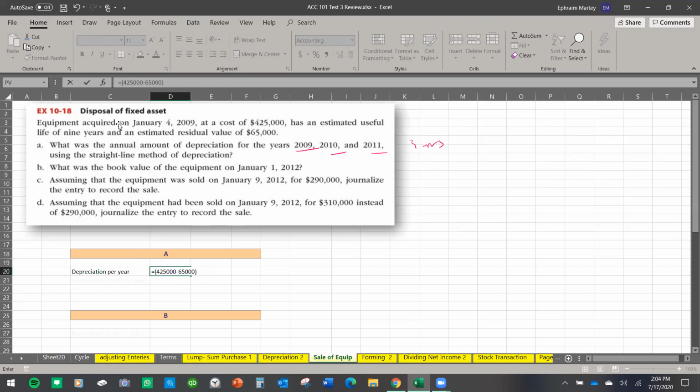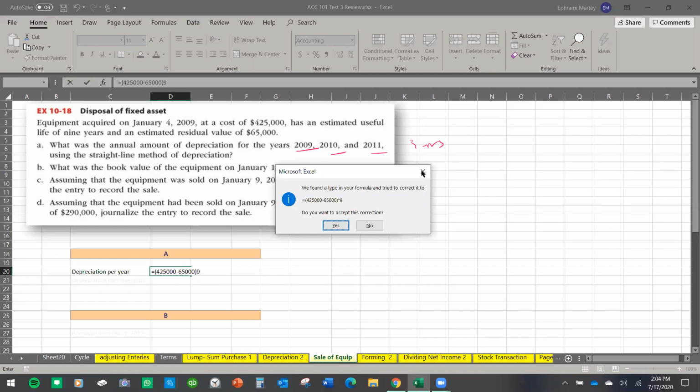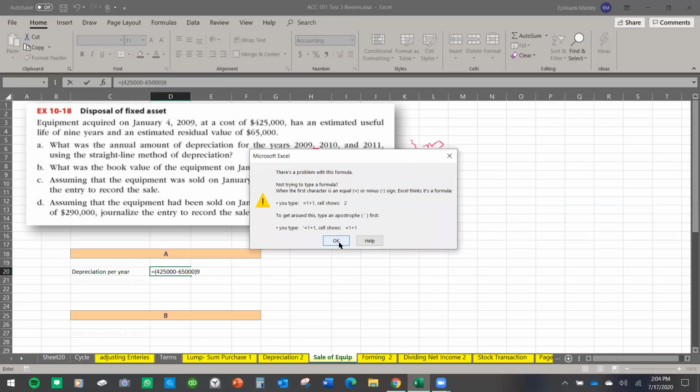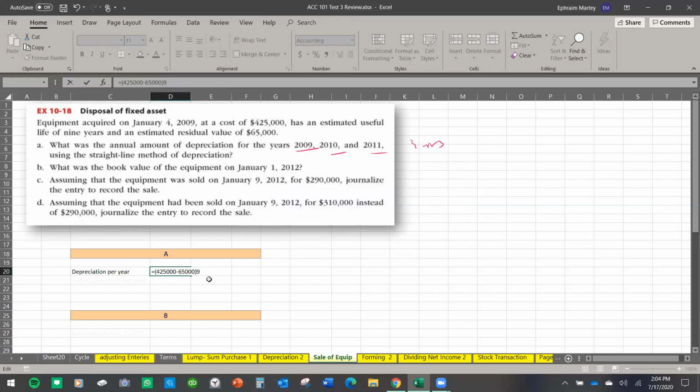And I divide that by 9 because it's going to last for 9 years. Okay, I didn't put the divided here. So each year we're going to depreciate by 40,000. And if I want to know how much depreciation will be for the entire 3 years, I just take this and multiply by 3. So for the entire 3 years, depreciation cost will be 120,000. So that is for A.